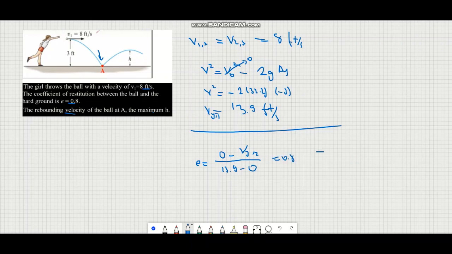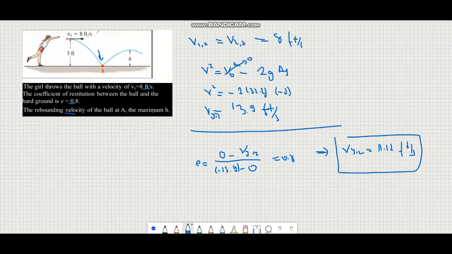Which means we can define from here vy2 is gonna be 11.12 feet per second. It's gonna come out minus because we didn't plug in the direction here. Let's plug it in. It's gonna be minus direction because it's downward, so it's gonna be plus.